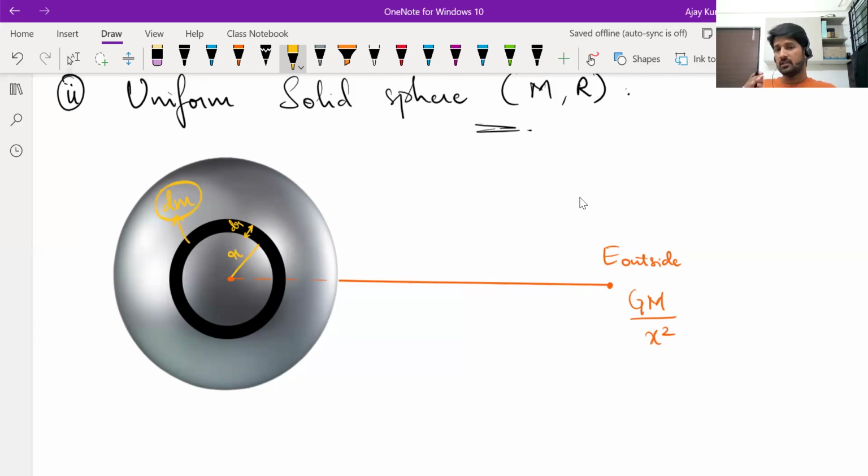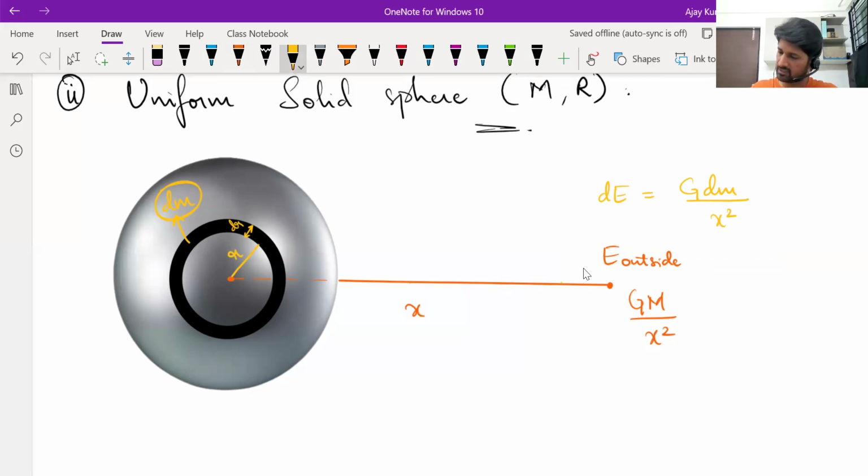The point we considered is outside the solid sphere. If it is outside the solid sphere, it will be outside this hollow sphere also. Then the small gravitational field produced by this shell there will be G dm by x square, where x is the distance all the way from the center to that point. And in which direction will this small field be?